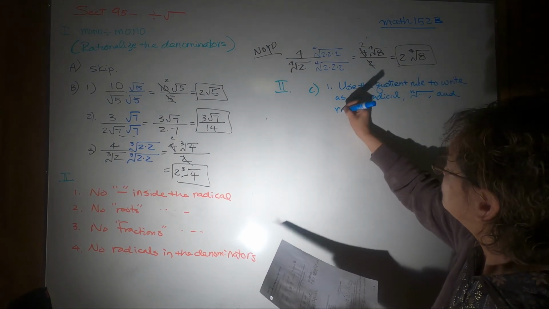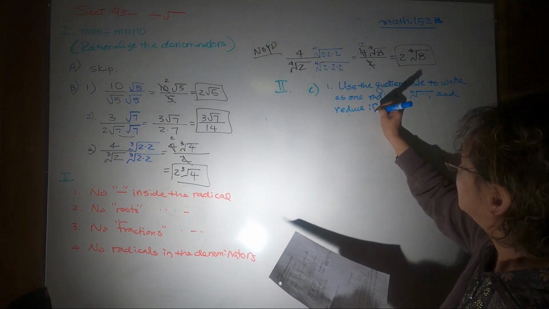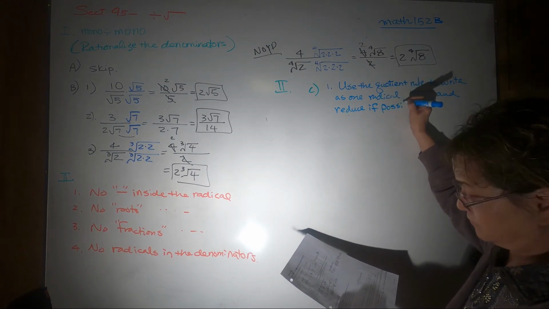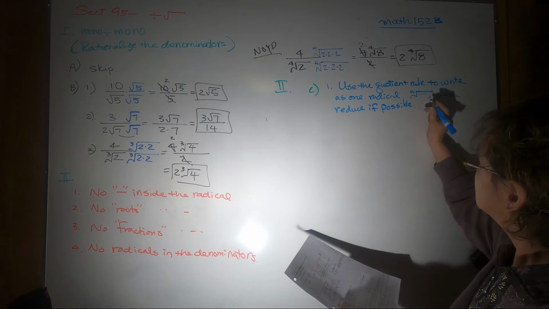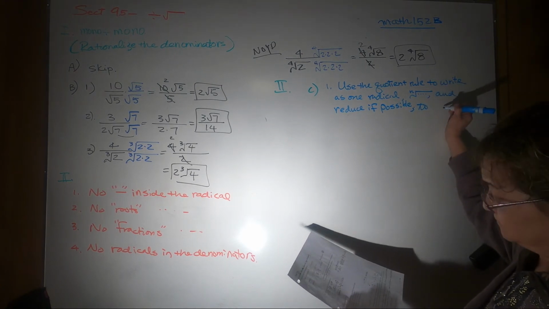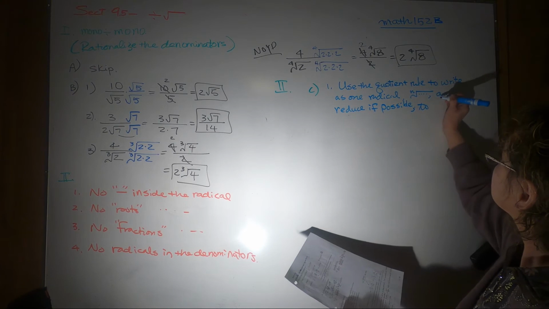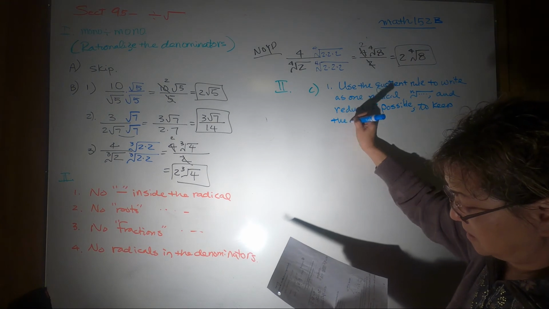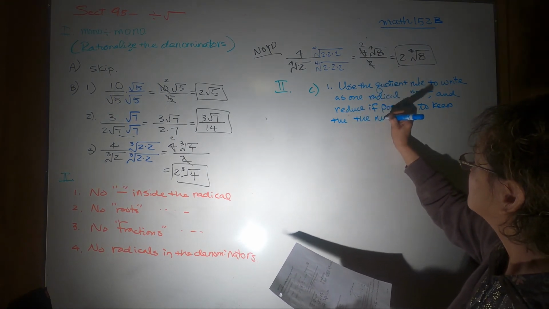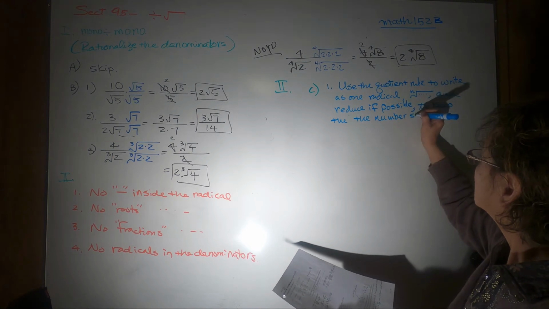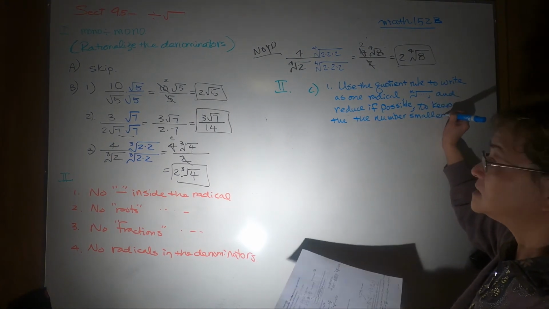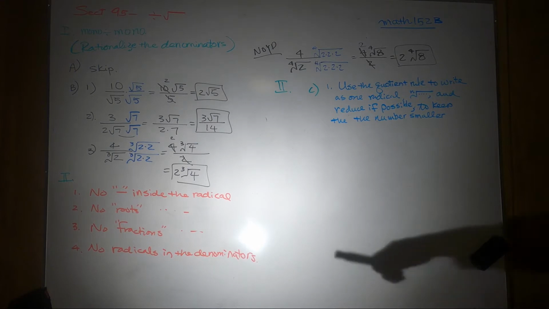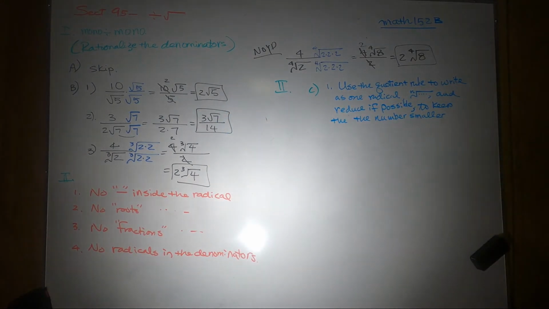And you will reduce it if possible to keep the number smaller. We are talking about how to simplify. That means you want to keep the inside of the radicals as simple as possible, right?